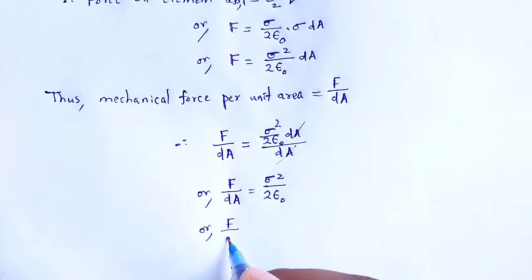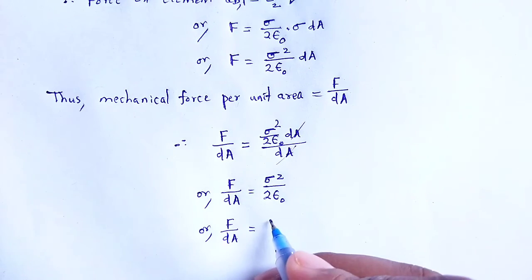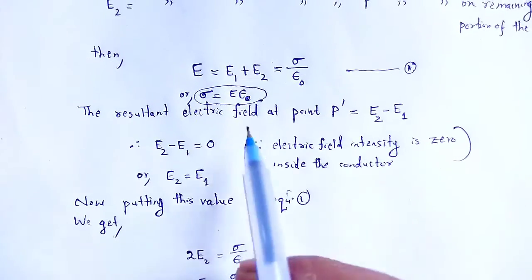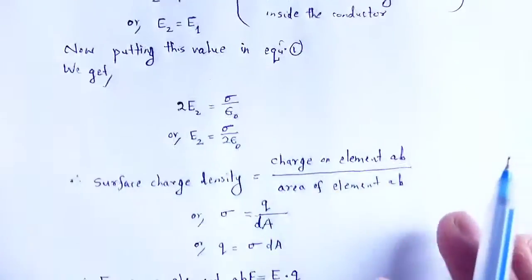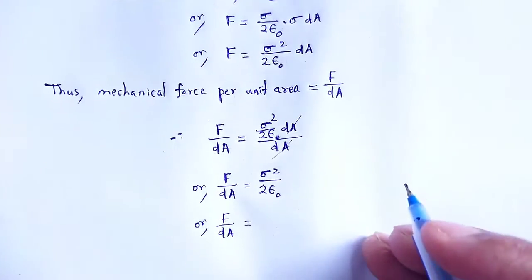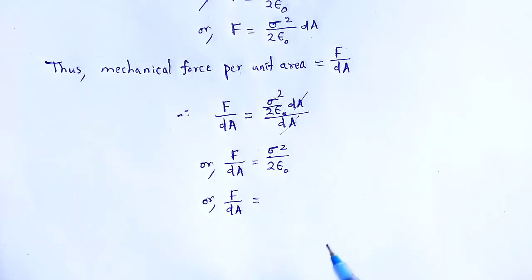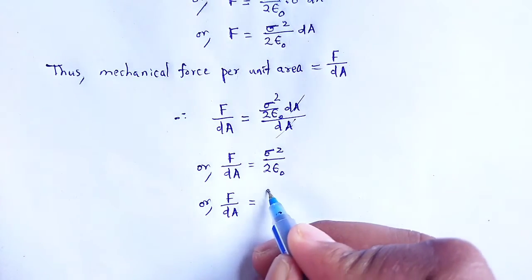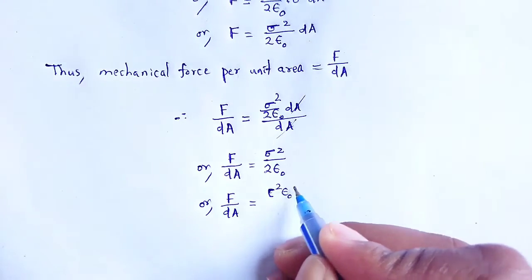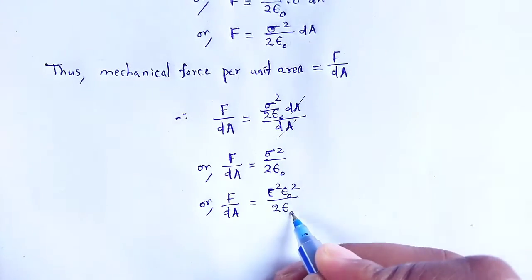So F by dA, the force per unit area, becomes E square epsilon naught square divided by 2 epsilon naught.